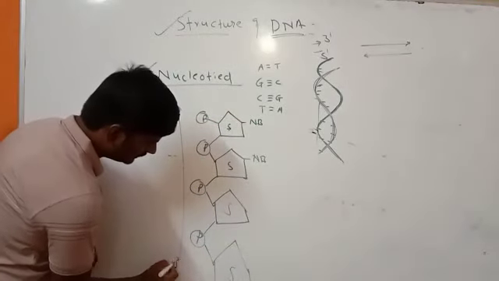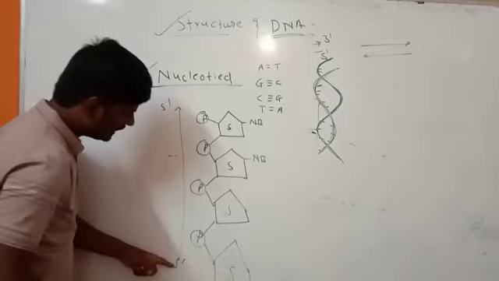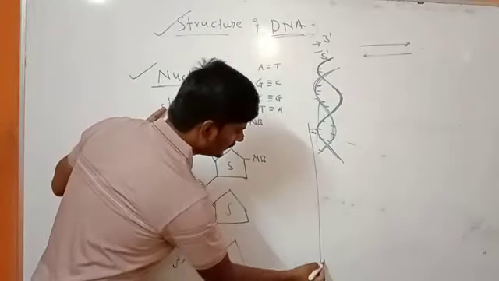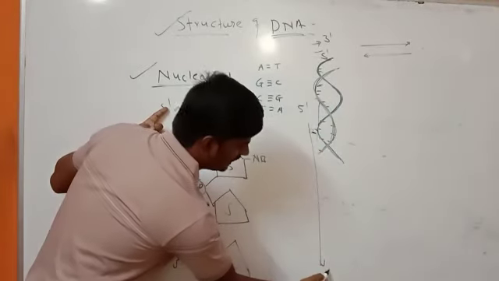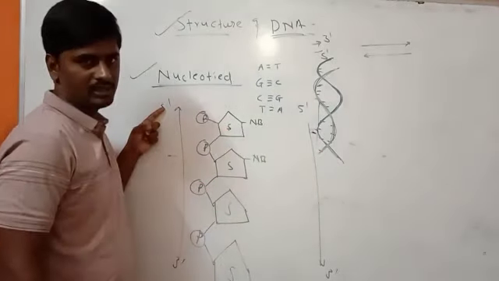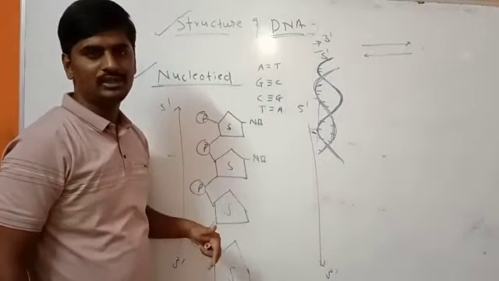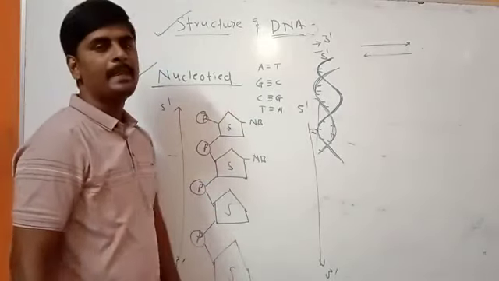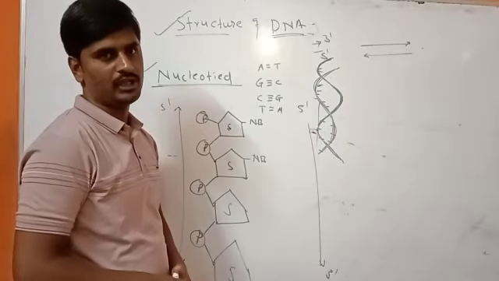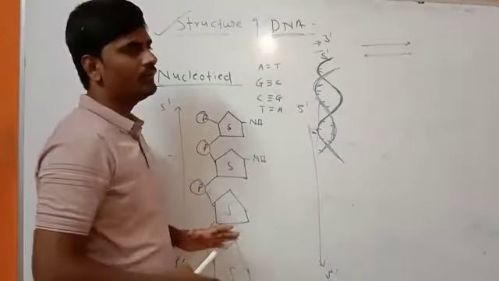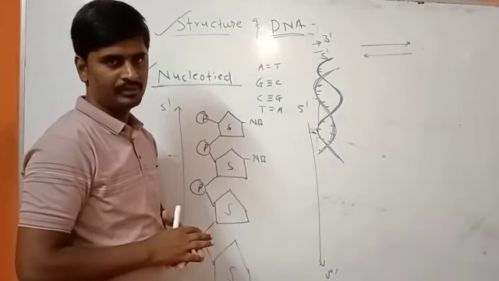Listen guys, this strand runs in the 3' to 5' direction, so obviously the other strand will run in the 5' to 3' direction. So both strands run in opposite directions and are anti-parallel to each other. This is part of the structure of DNA.